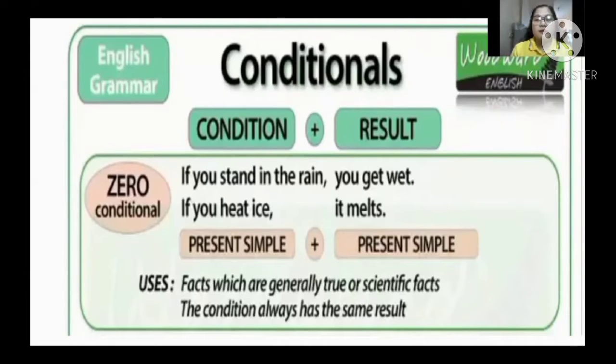So it means that it is proven already. And then another one is the condition always has the same result. So the result that you are going to say is also the same as the condition that you stated.